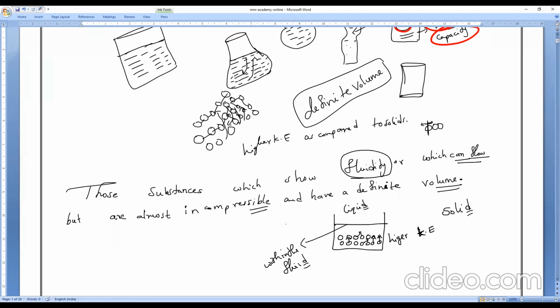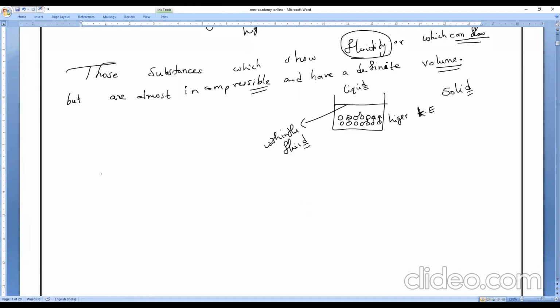Now let us discuss this liquid state. What are the properties of the liquid state? If I see some substance, on what basis can I decide whether it is a liquid, a solid or a gas? That is why we should know the properties of liquids.